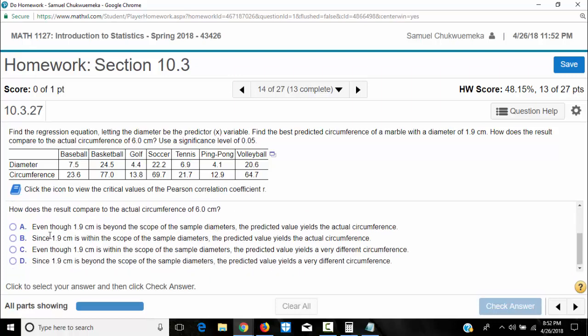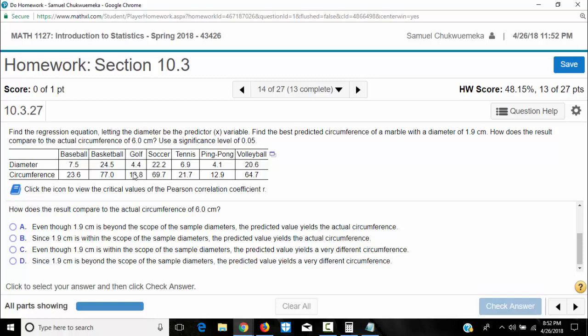So let's see here. Even though 1.9 centimeter is beyond the scope of the sample diameters, the predicted value yields the actual circumference. 1.9 is beyond the scope because the sample diameters are 7.5, 24.5, 4.4, 22.2, 6.9, 4.1, 20.6.